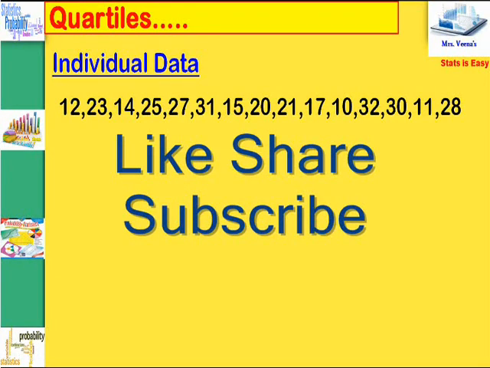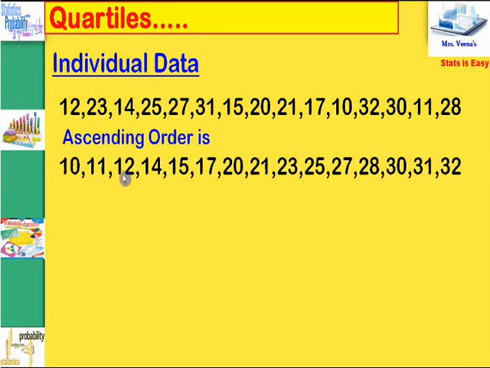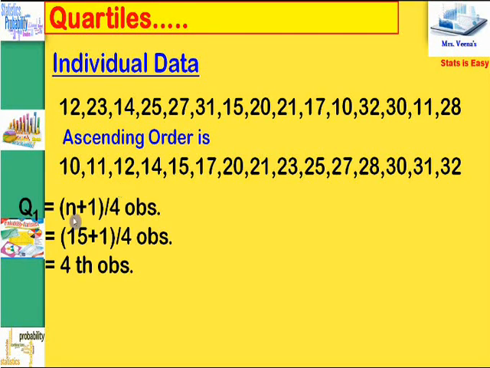Quartiles for individual data. Here is individual data. There are 15 numbers. Arrange these numbers in ascending order, which is this. Now let's calculate Q1.